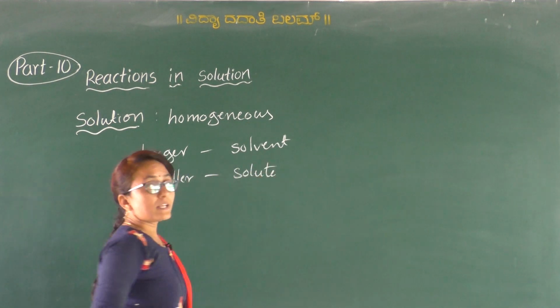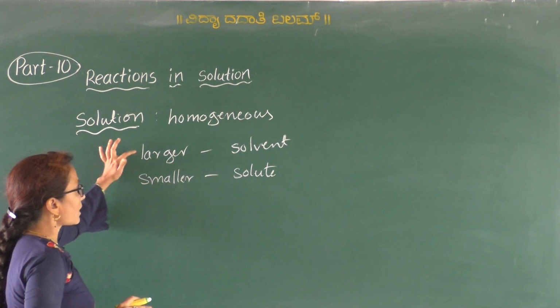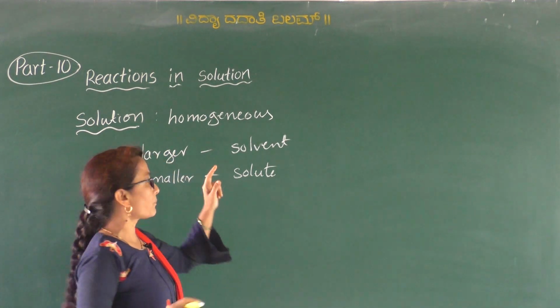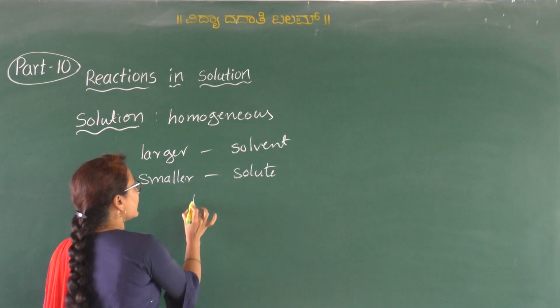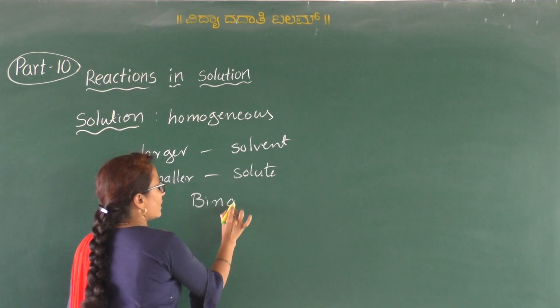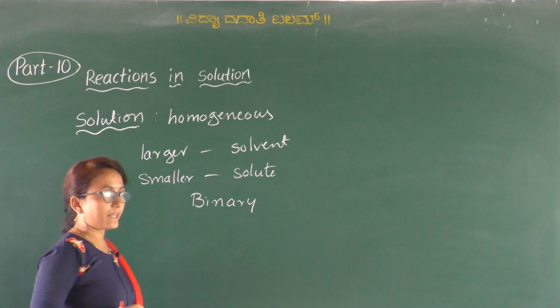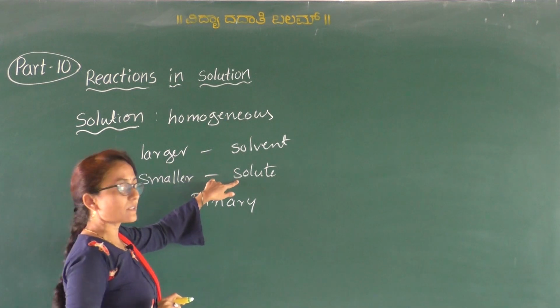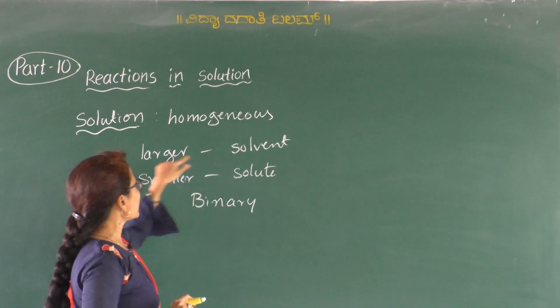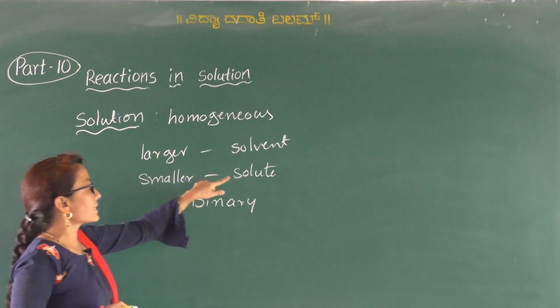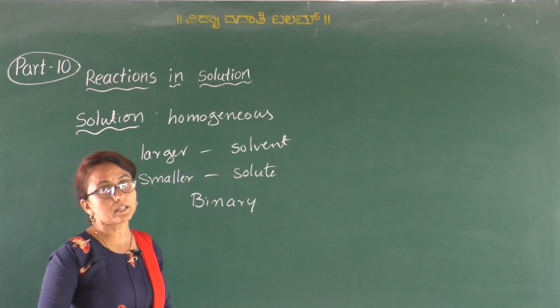So in a solution we have two components. If it has two components, it is called a binary solution. Binary means two components: one is solvent, the other is solute. Solvent is present in a larger amount and solute in a smaller amount.